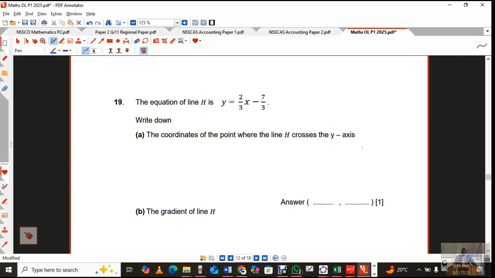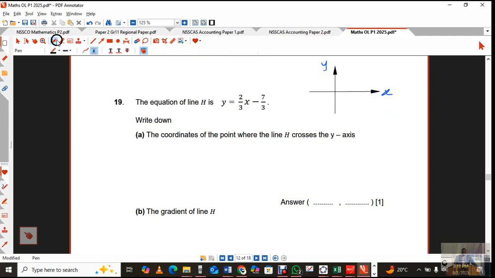7 over 3. The coordinates of the point where this line crosses the x-axis, the y-axis. So if this is your Cartesian coordinate system, if this is our x-axis and this is our y-axis, and this line has a positive gradient, so I must just extend maybe something like so.